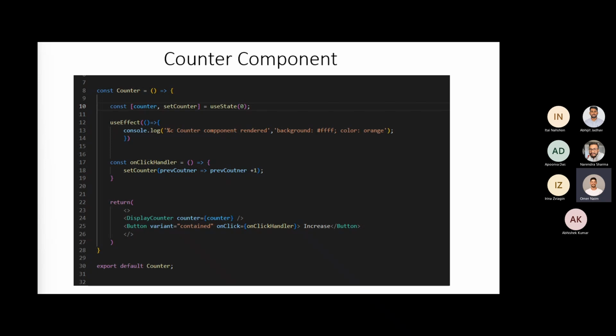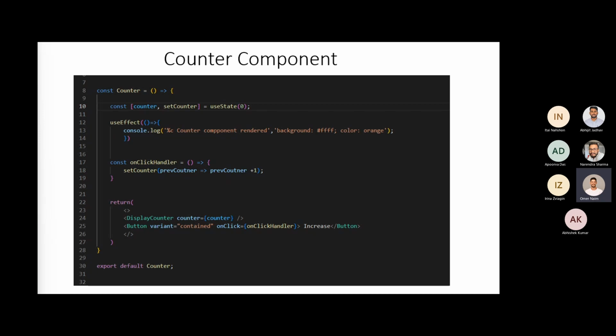And we don't have a dependency array, which means that this useEffect will run on every re-render, right? If you have an empty dependency array, it means that it will run only one time. And if you have a variable or state inside, the code will run only if this dependency array has changed. We have an onClick handler method, which changes the counter and increases it by 1.